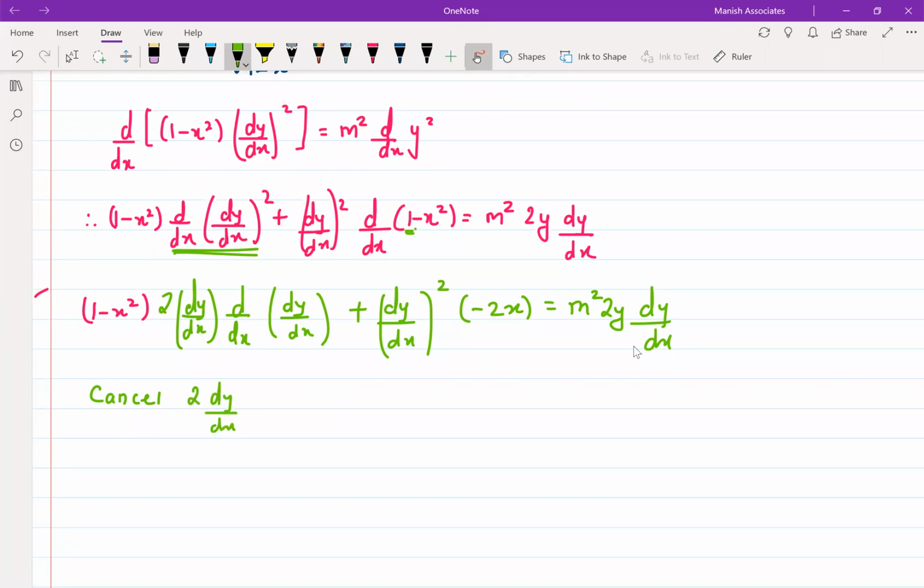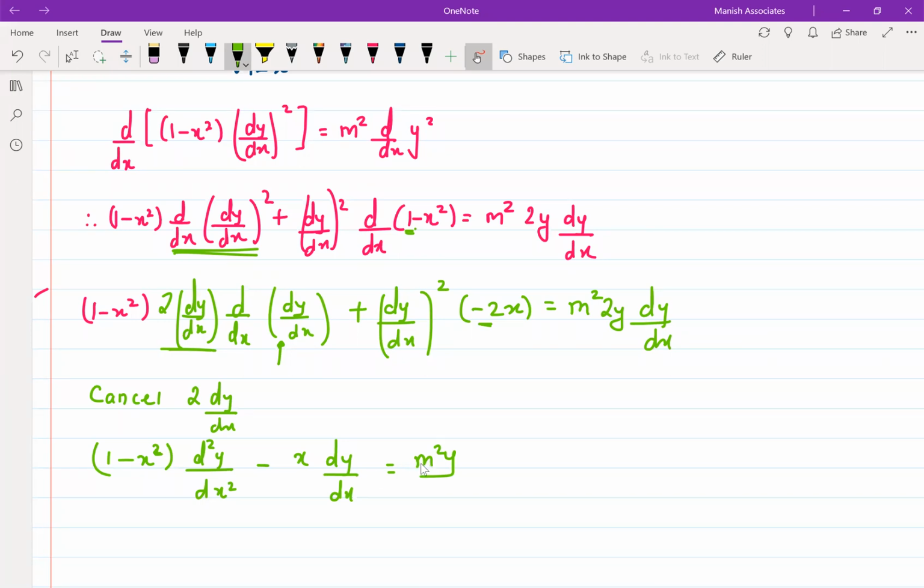I can cancel throughout 2 dy by dx. तो पहले में क्या बचेगा? ये 1 minus x square टर्म बचेगा. अब ये 2 dy by dx तो कैंसिल हो गया. अब now look at this one. Derivative of first order, students, is second order. Now ये माइनस यहाँ आ गया, ये वाला माइनस 2 dy by dx कैंसिल हो गया, बचा x dy by dx is equal to, now again 2 dy by dx cancel हो गया, अब क्या बचा, m square y.